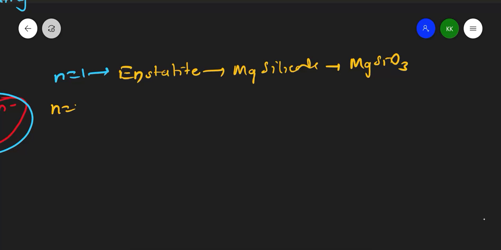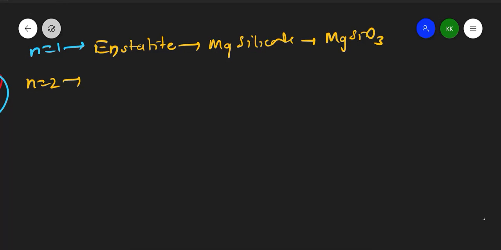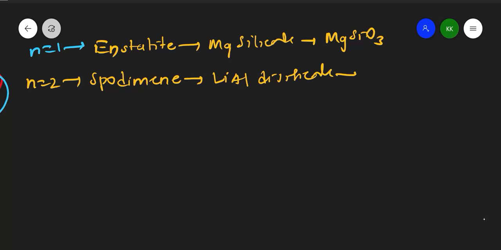If n is equal to 2, we have many examples. For example, you can remember spodumene, which is lithium aluminum disilicate, and its formula is LiAl(SiO3)2, so it is a disilicate.